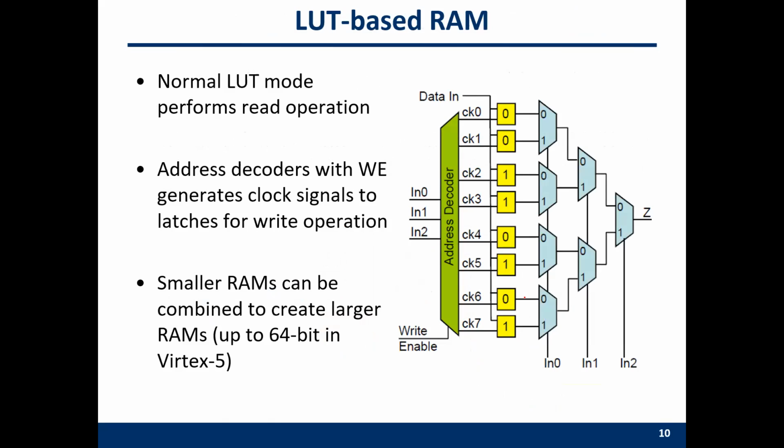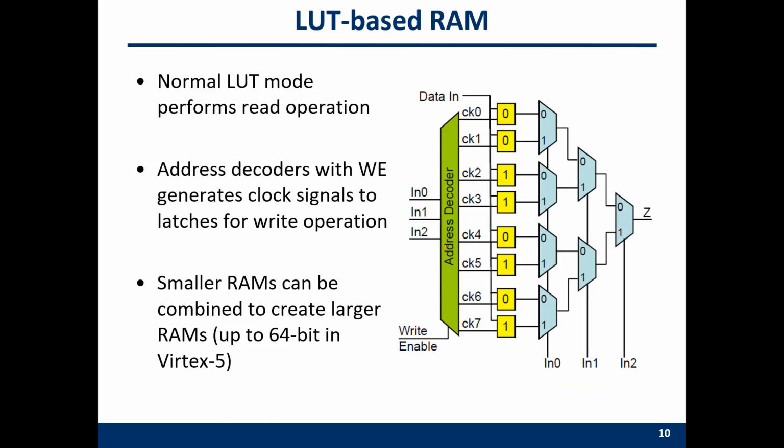So the normal lookup table mode performs only read operations because you only need to look up the tables. And during the reconfiguration, you also need to update the memories here.